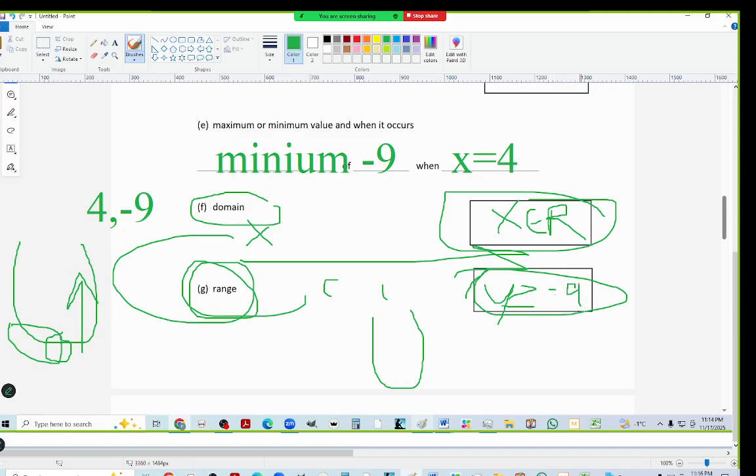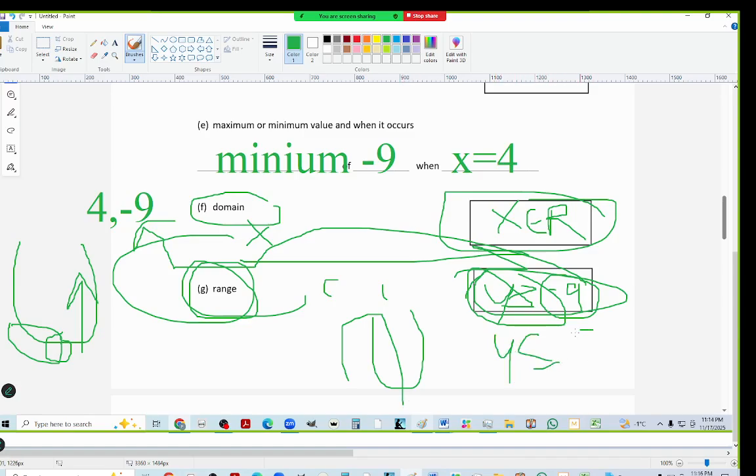Negative 9. So all I have to remember is it's the y value of the vertex. If it's a minimum, I say y is bigger or equal to that number. And if it's a maximum, I say y is smaller or equal to that number. What I'm saying is all the y values on my graph exist either above that number or below that number, and include that number.